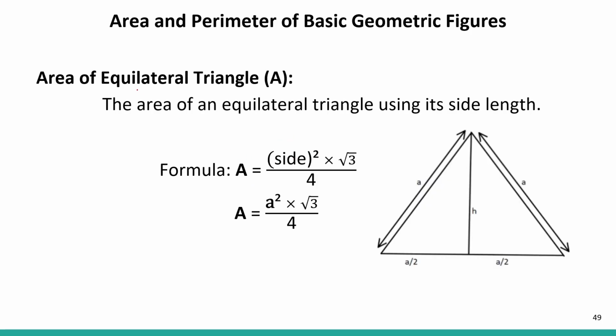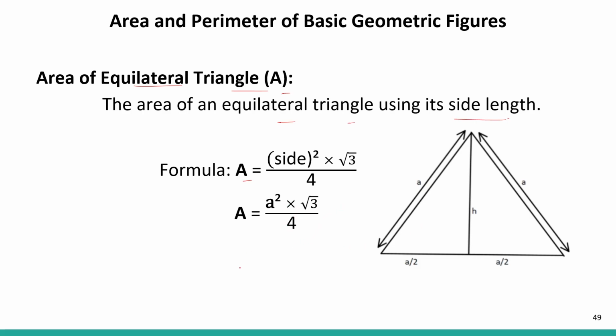What is the area of an equilateral triangle? The area of an equilateral triangle using its side length A is A square into root 3 by 4. If the triangle is equilateral, then the area will be equal to A square into root 3 by 4.